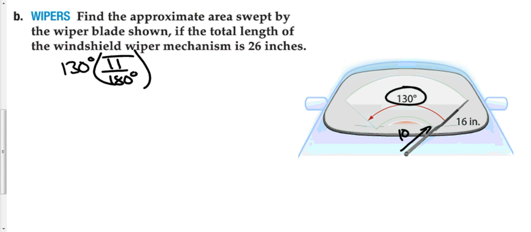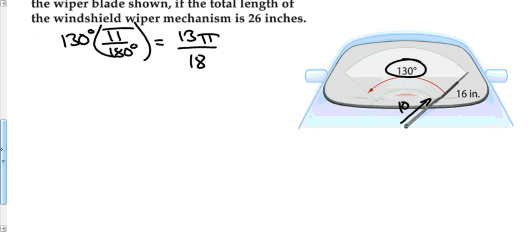Let's multiply this and get 13 pi over 18. Not a very nice number, but that's okay. So next, I know that my area is going to be equal to the area of the big guy minus the area of the small guy.